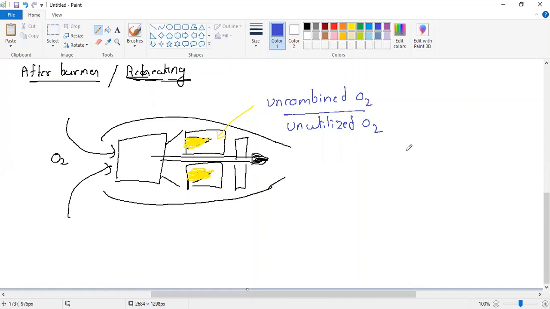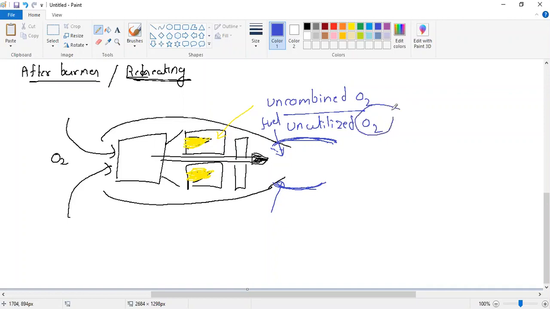So what we generally do is this. Exhaust gas comes up. Here we will add another section, and in this section we will add fuel. Exhaust gases are coming from here, right? Fuel is here.